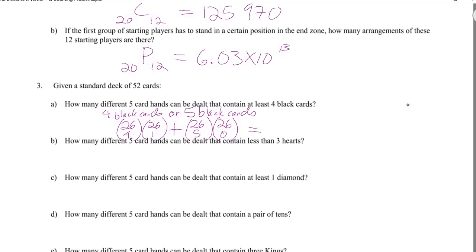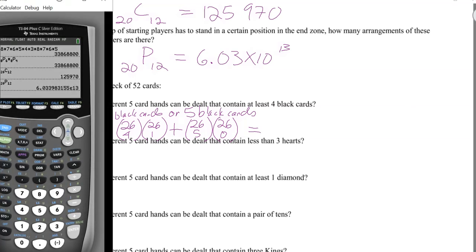And that will be 26 math and CR, right? Choose, we don't care about order. 26 choose 4 times 26 math and CR, 26 choose 1 plus 26 math and CR 5.